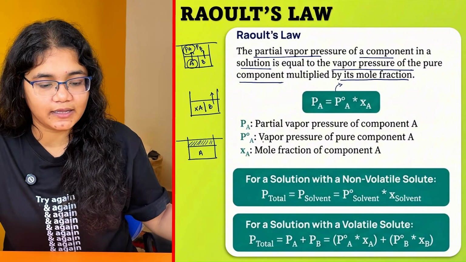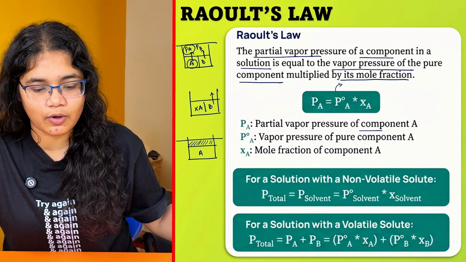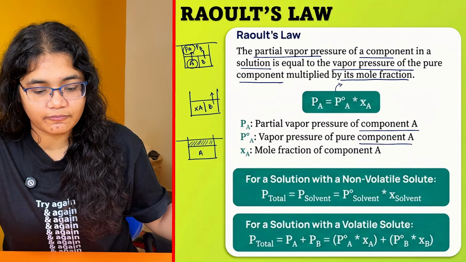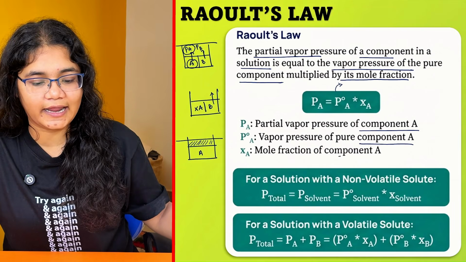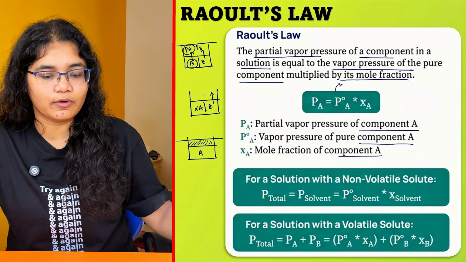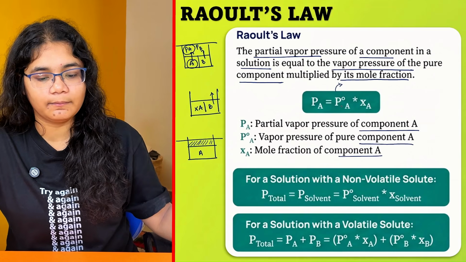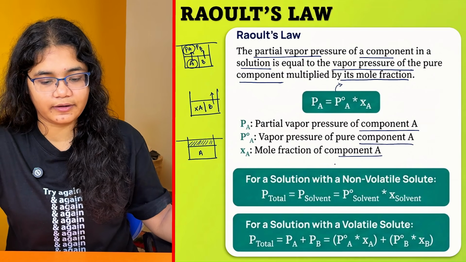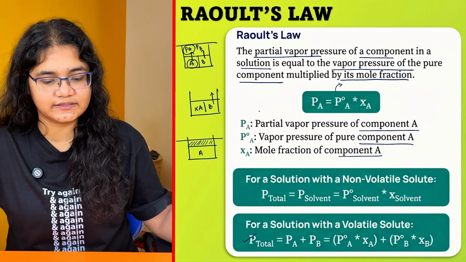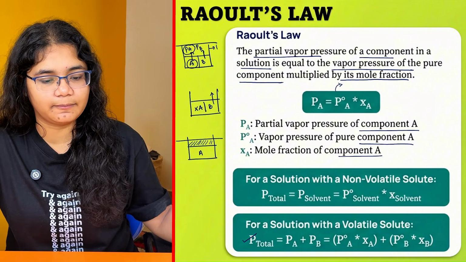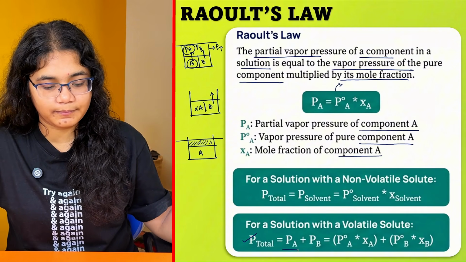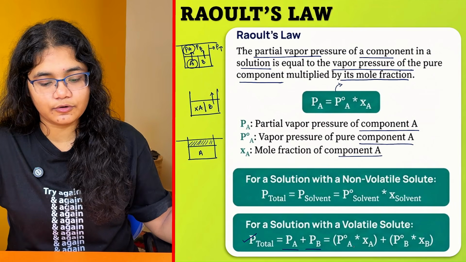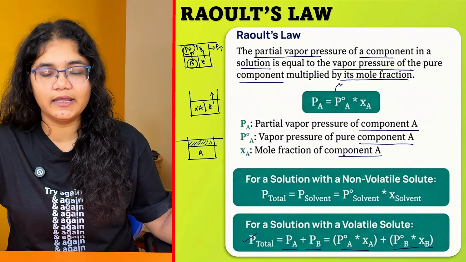So PA is the partial vapor pressure of the component A, P naught A is the vapor pressure of pure component A, and XA is the mole fraction of A. Here I can write P total, that is equal to PA plus PB. That is P naught A XA plus P naught B XB.